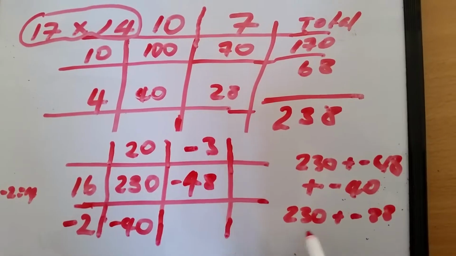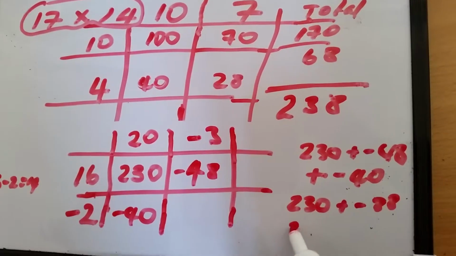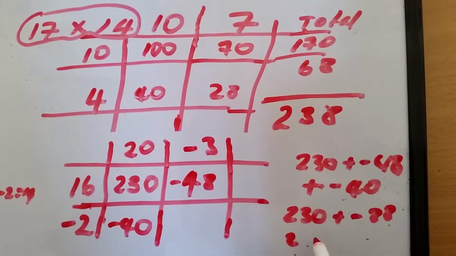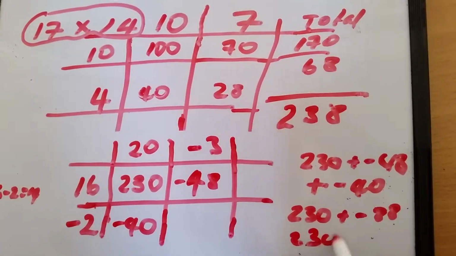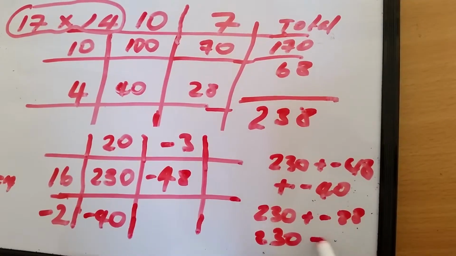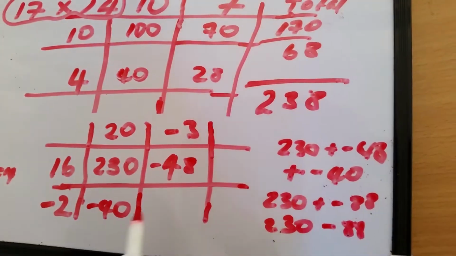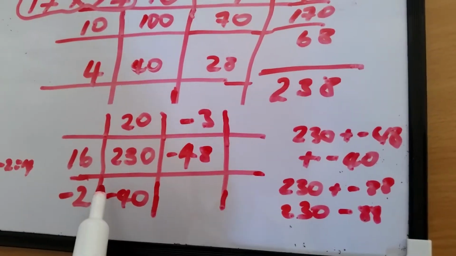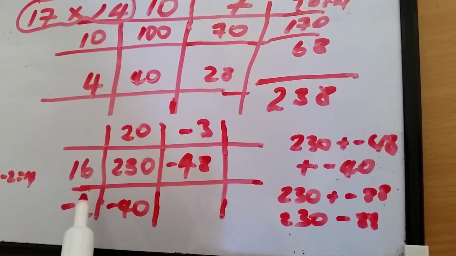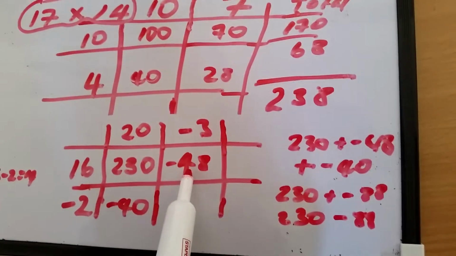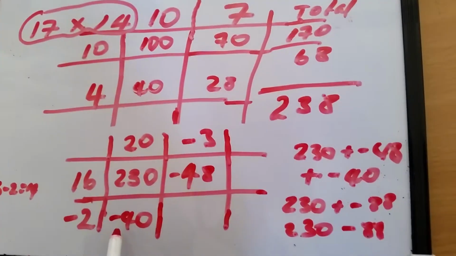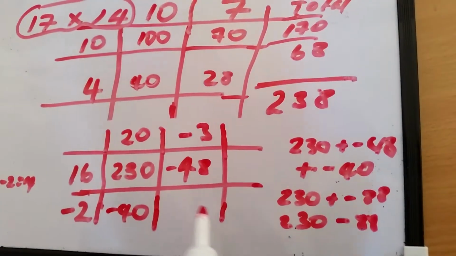So this would leave us with 230 minus 88. Let me just check this is correct here. So we've got minus 48 minus 40, which is minus 88.